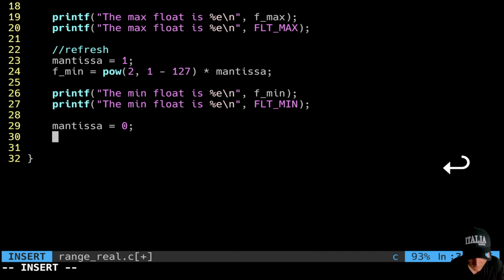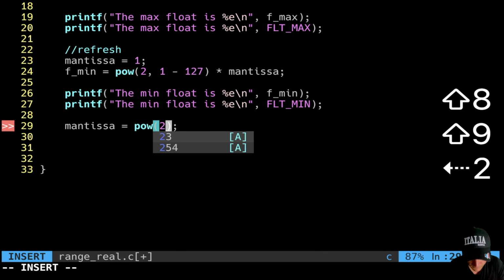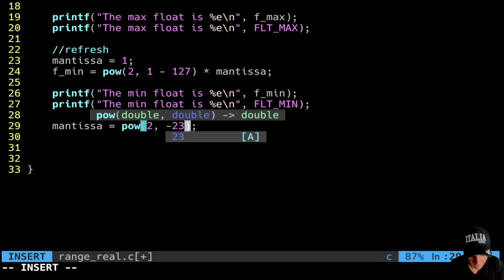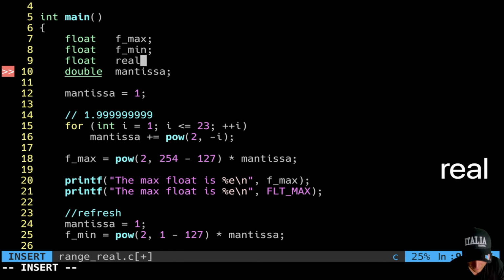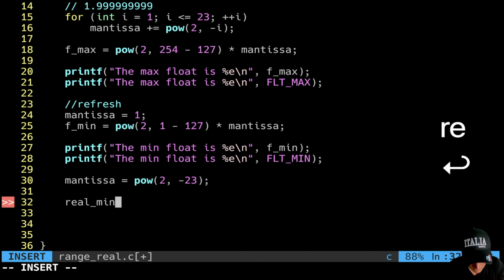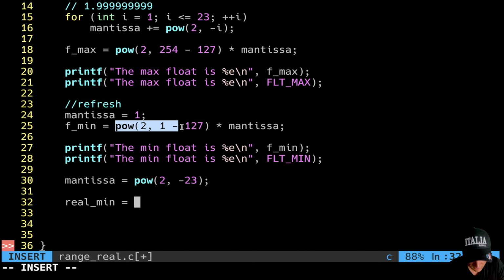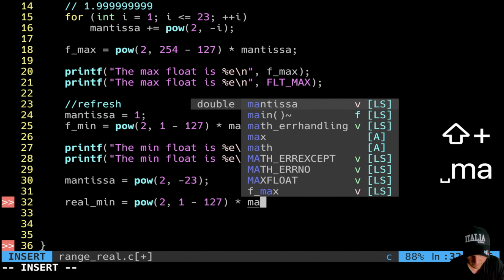Let's do that. We're gonna do mantissa is equal to the power of 2 to minus 23. A very, very little number. So here we're gonna add float real min, and here I put float real min is equal to, we are gonna have as well this power, because this is the way the thing has been engineered, per mantissa as well, okay?